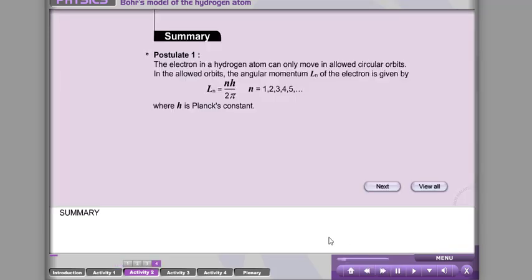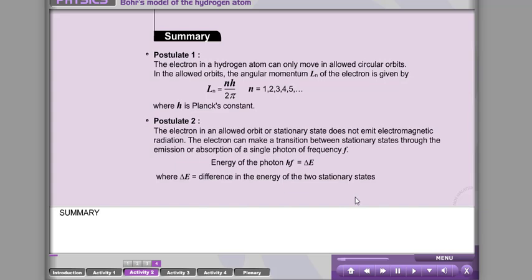Summary. Postulate 1. The electron in a hydrogen atom can only move in allowed circular orbits. In the allowed orbits, the angular momentum, Ln, of the electron is given by Ln equals nh over 2 pi, n equals 1, 2, 3, 4, 5, where h is Planck's constant. Postulate 2.